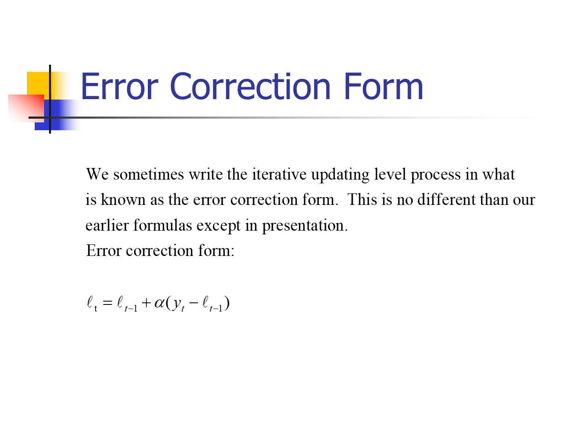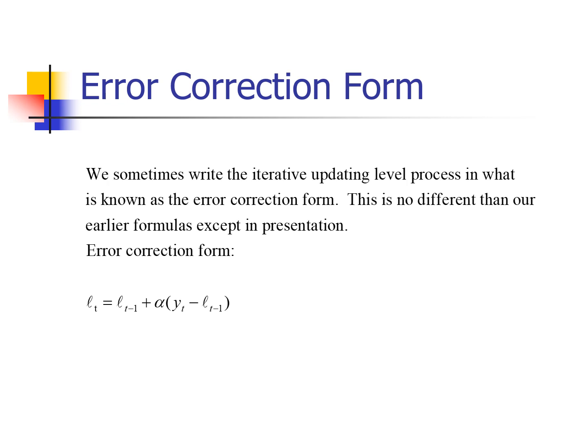So it's not like two different approaches or two different formulas. You can show with some algebra that these formulas are the same. But sometimes you see the formula in what's called its error correction form. And the error correction form looks like this. It says that the level at time t is basically a linear combination of my previous estimate.